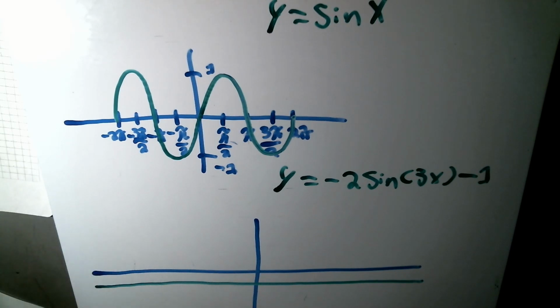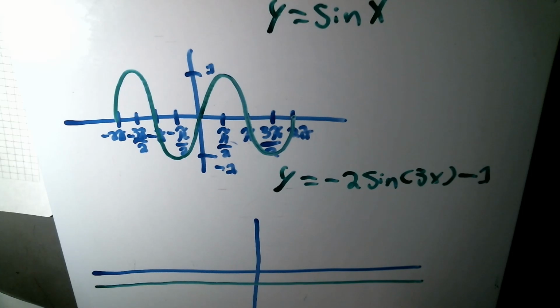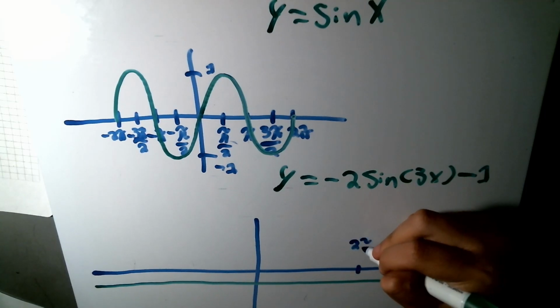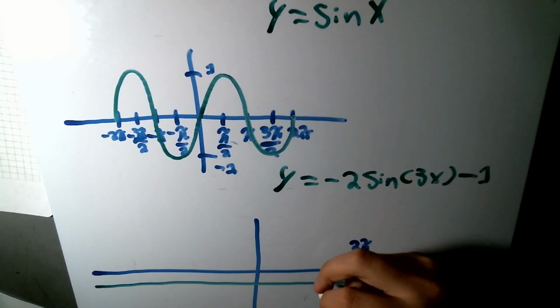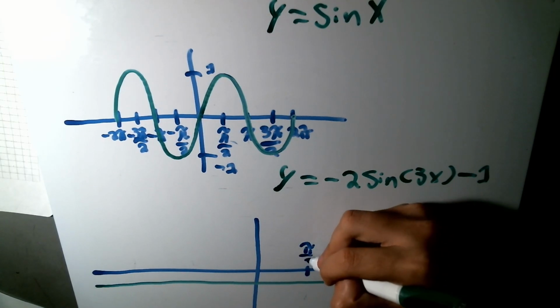I was going to graph it, but first I'm going to add the values: 2 pi over 3, pi over 3.